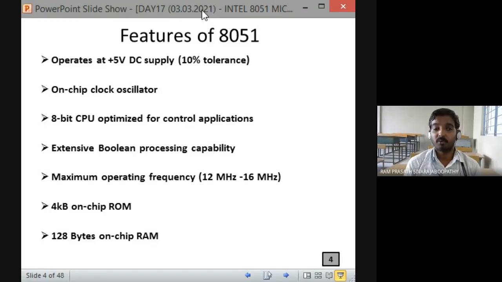You have to know the meaning of these things. Whatever program you write is going to be stored in the 4 KB on-chip ROM. Whatever user data you get from the IO devices is going to be stored in the RAM only. In RAM we can store variables. Whatever you read from the user input is going to be a variable. It can be stored in the RAM only.